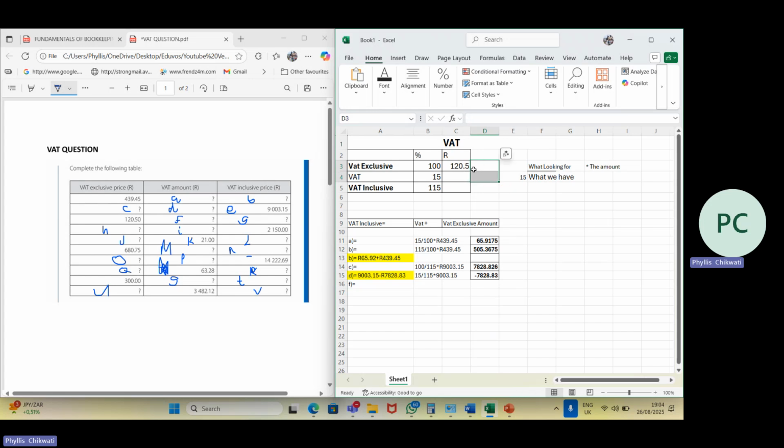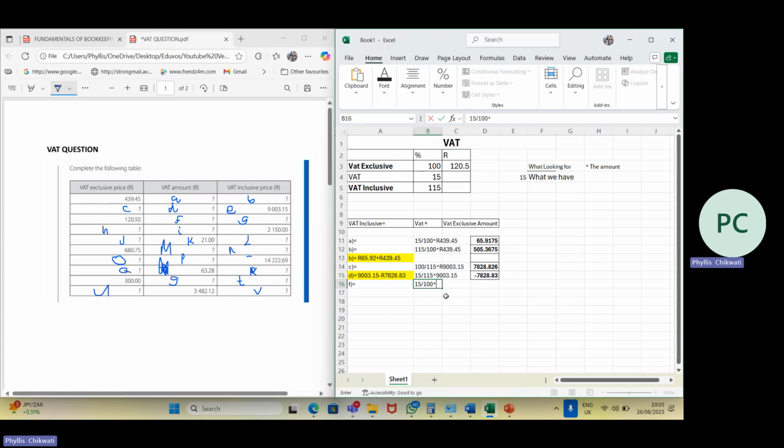So in short, this is exactly like the first one. So how are we going to get that? Of course, you must have two in order for you to minus. So I do have my VAT exclusive amount. Let me just start with the VAT portion. So I'm going to say 15 over 100, the 100 is what I have.